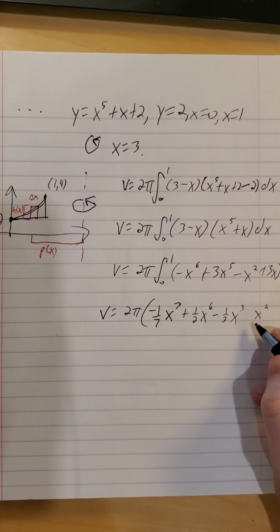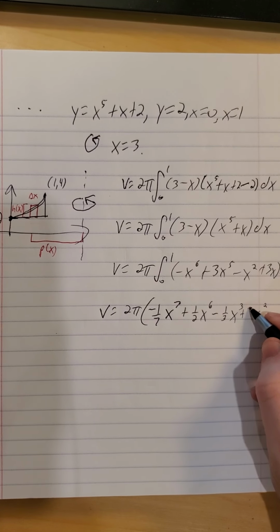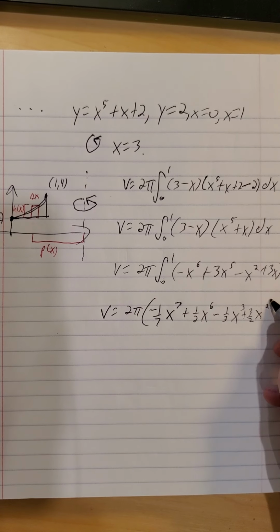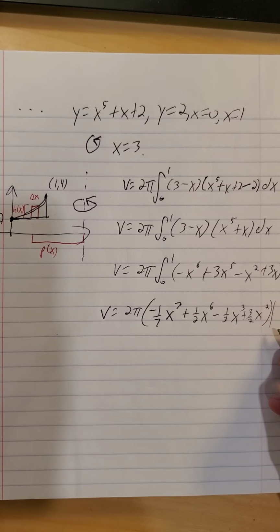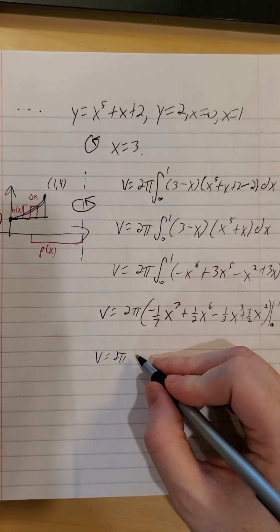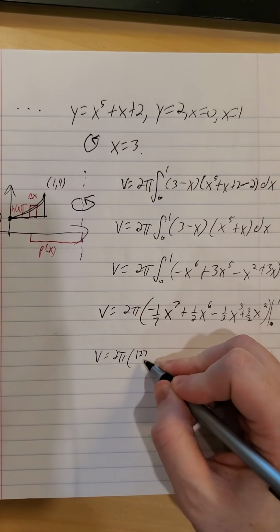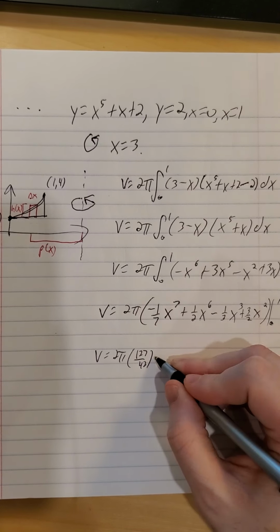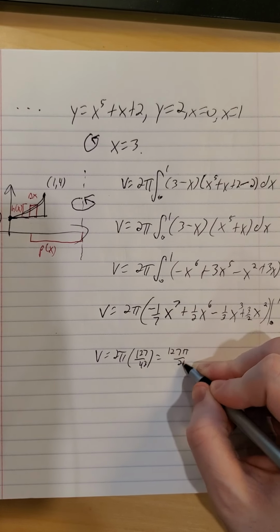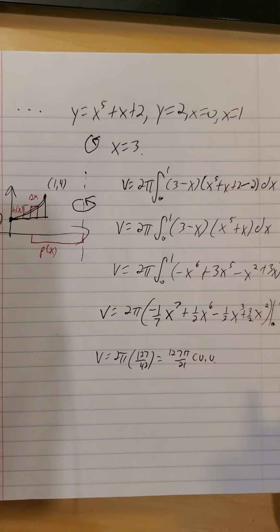X to the 1st is now x squared, so plus 3 halves. The 2's drop, leaving you just the 3 if you differentiate. And we'll evaluate that between, again, the given 0 and 1. So our volume is now 2 pi by 127 over 42, which is 127 pi over 21 cubic units.